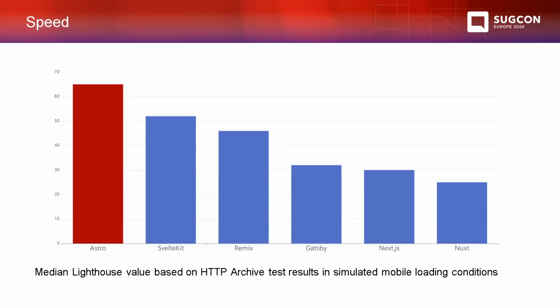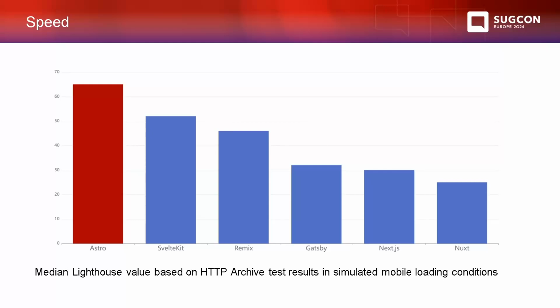The HTTP Archive website contains a lot of data regarding the performance of real, well-known websites. In one of the tests, they ran a Lighthouse report in simulated mobile loading conditions. And here we can see the median Lighthouse score for different frameworks. Astro shows just awesome results.